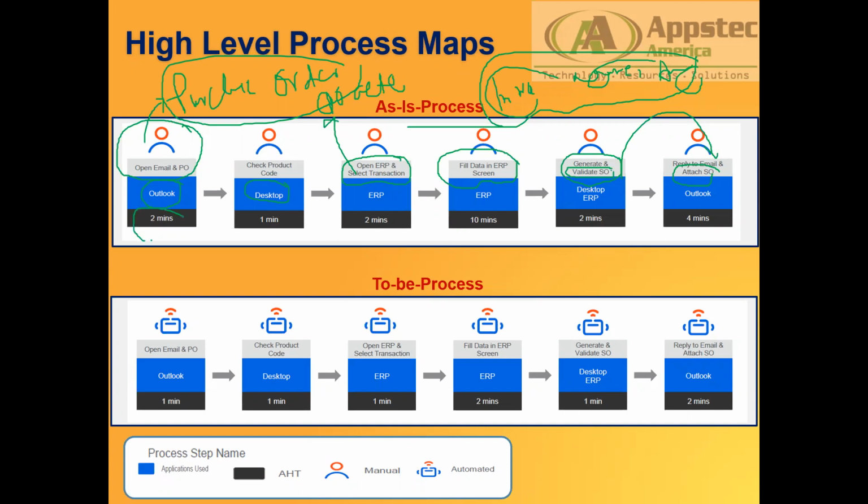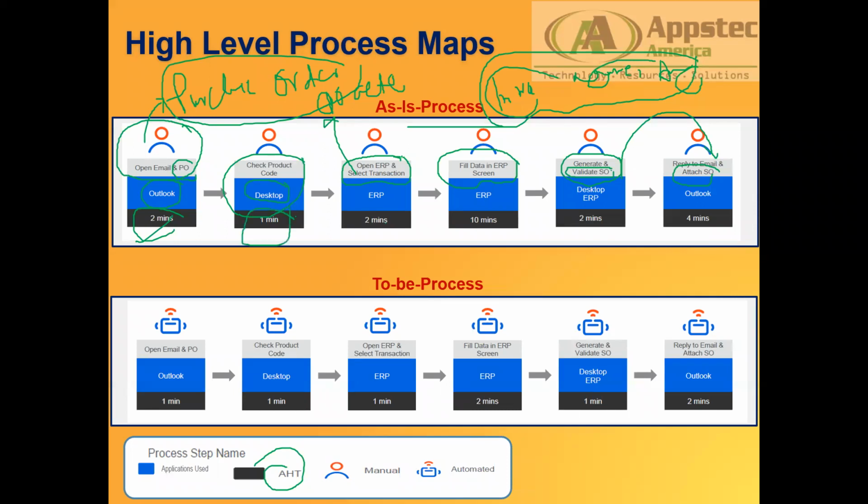Now what are these 2 minutes, 3 minutes? If you see, these black boxes indicate AHT, average handling time, that is, how much time I manually need to open an email and download the purchase order: 2 minutes. To check the product code, the product for which the order has been placed, I need 1 minute.